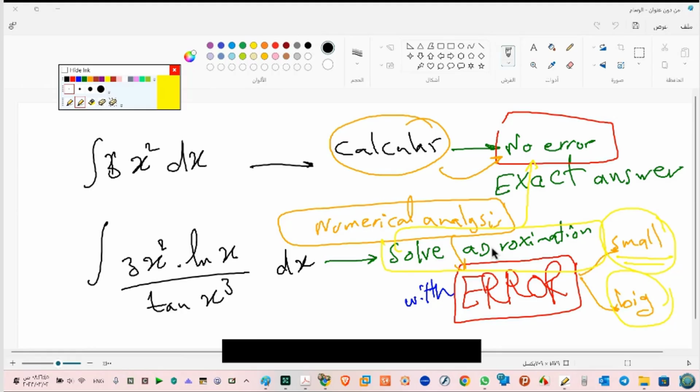Also inside our machine, computer or calculator, we are using numerical methods. We have many algorithms that we can apply. You can use, for example, C++, Python, or any language that you prefer to find answers. In this course, we sometimes use an Excel sheet to solve the answers.